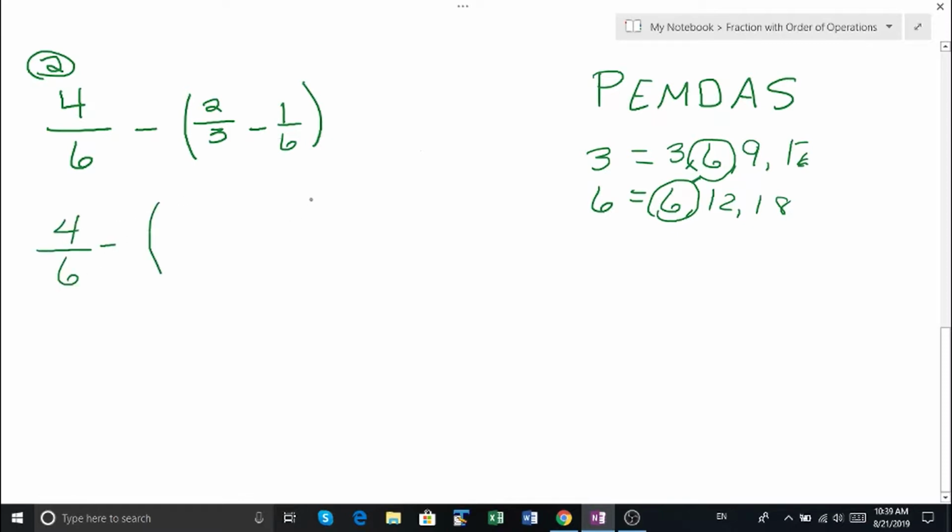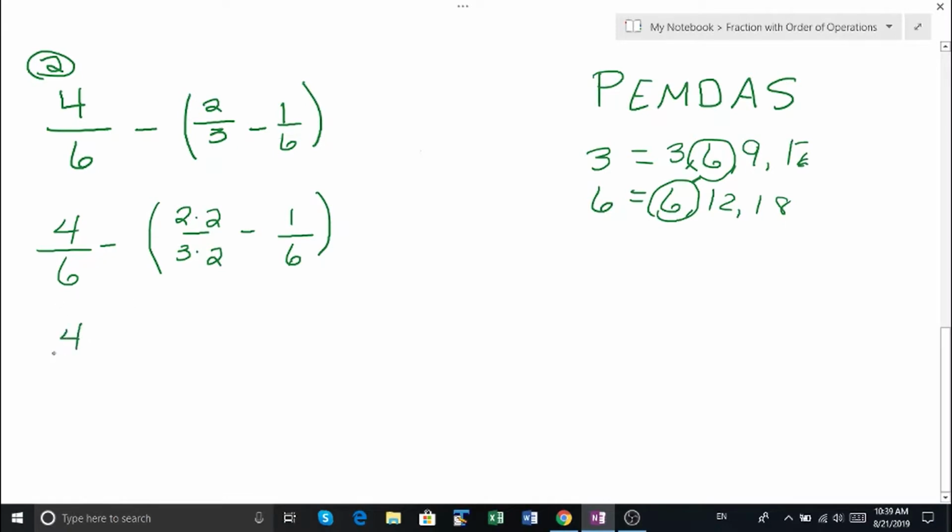So what we want to do, this second fraction already has 6 as a denominator, so we're good to go there. But this 2/3, we need to make that denominator 6. So what we do is we ask ourselves, 3 times what gives 6? Well, 3 times 2. So what I'm going to do is multiply the top and the bottom by 2.